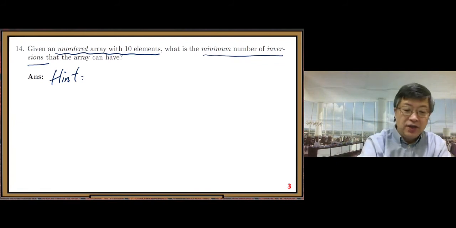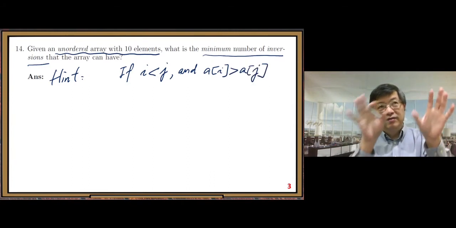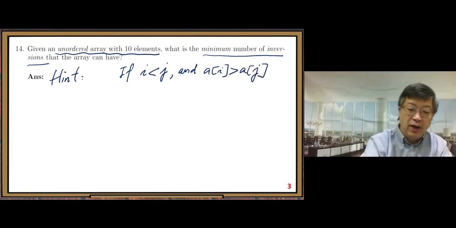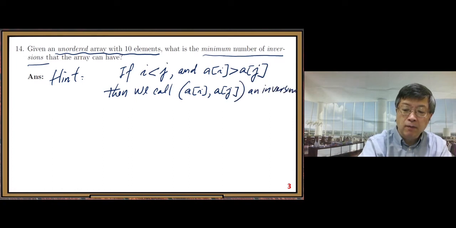First, I hope you know the definition of inversion. The inversion is if index i less than j and the array element a of i greater than a of j, reverse order, not in natural order, then we call this pair a of i and a of j an inversion in the A array.